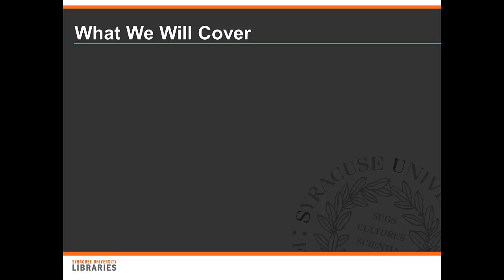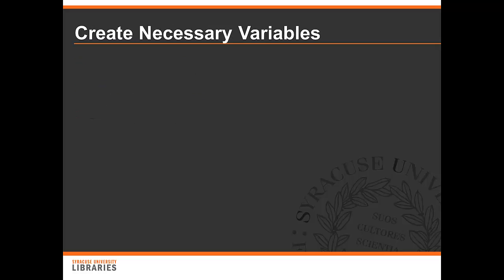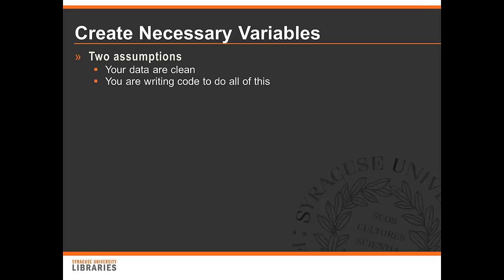What we will be covering in this module is creating new variables for your analyses, describing your data, and finally, doing the analysis. First, let's talk about creating necessary variables. We're working under two assumptions here.